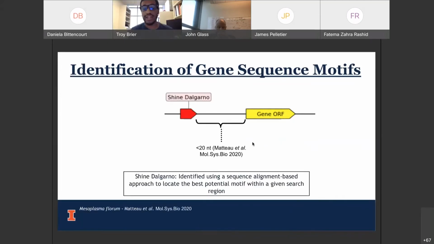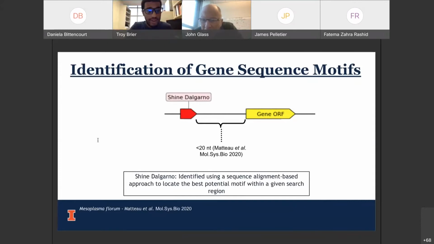The following step is to use information from related organisms, where similar studies have been done, to identify these other motifs. The Syn1.0 was identified based on the spacing region between the gene open reading frame and the Syn1.0, using a sequence alignment-based approach to determine the best potential motif.